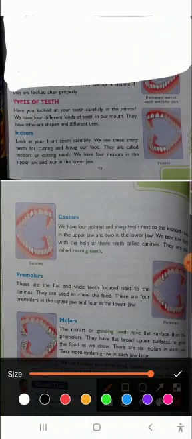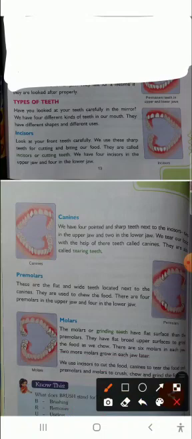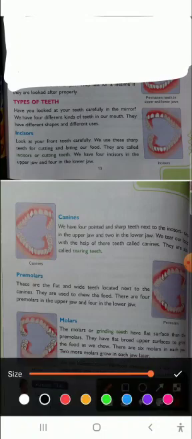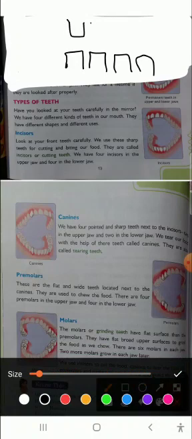Incisors have a flat surface and they are 4 in the upper jaw and 4 in the lower jaw. So you will draw like this. This is our incisor.